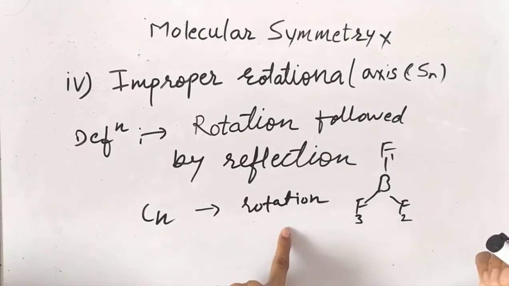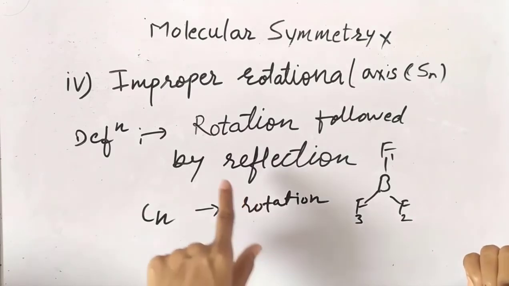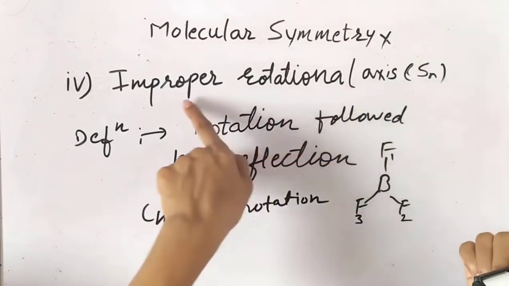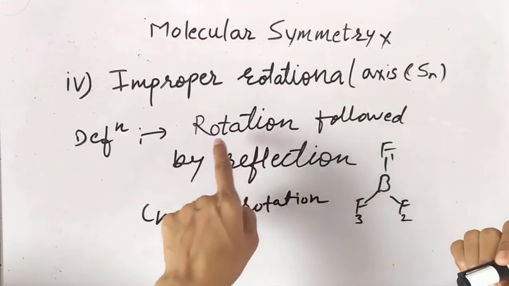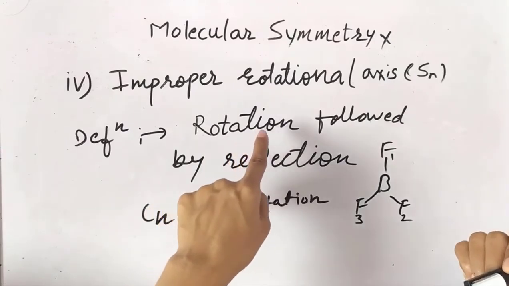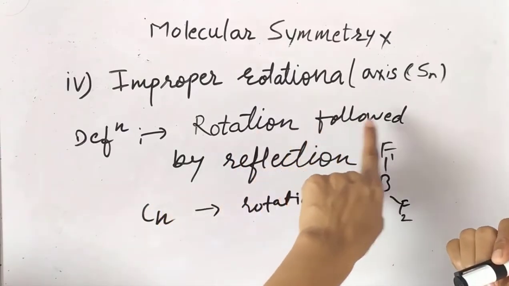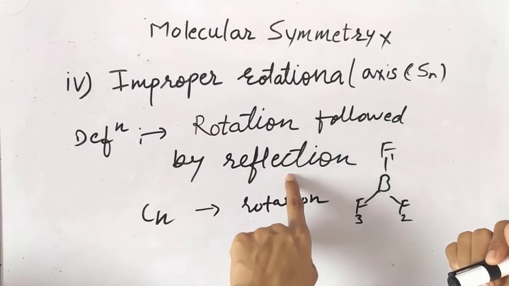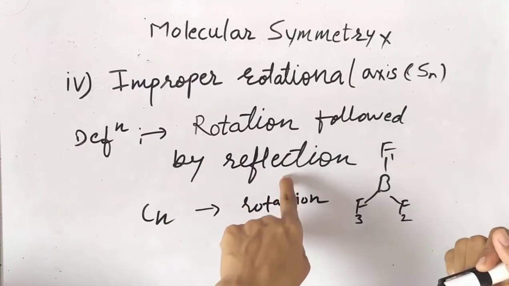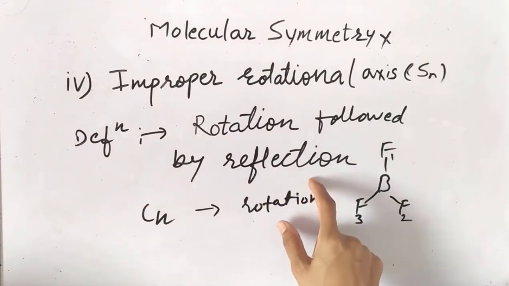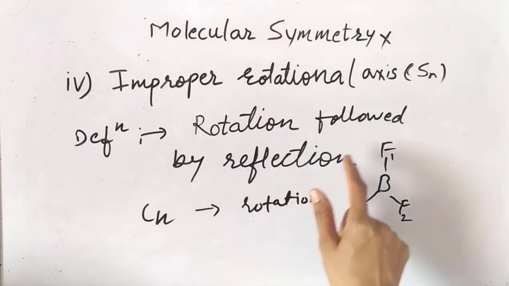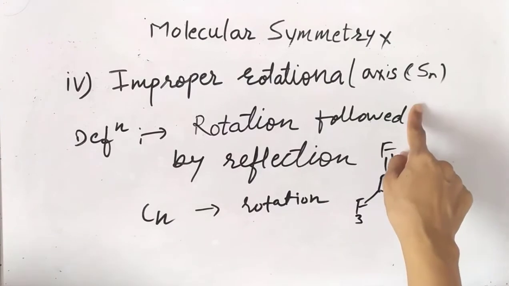Only a rotation operation. But what do we have to do in this symmetry element? It is not only rotation: the molecule should be rotated and again it should be reflected. And only if we get the same image after rotation and reflection can we say that Sn is present in that molecule.